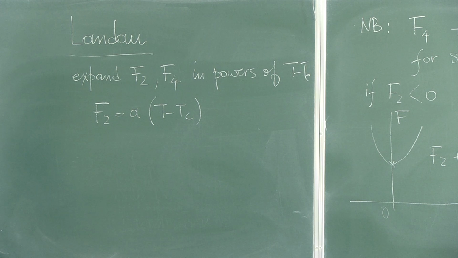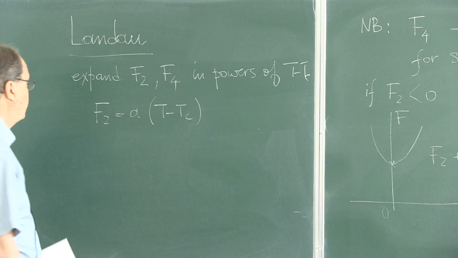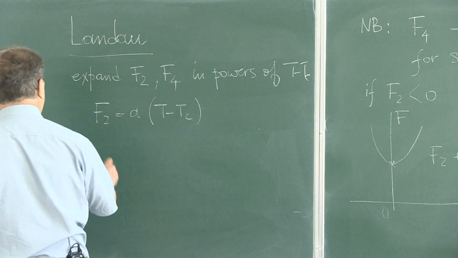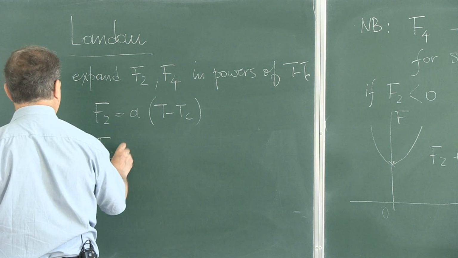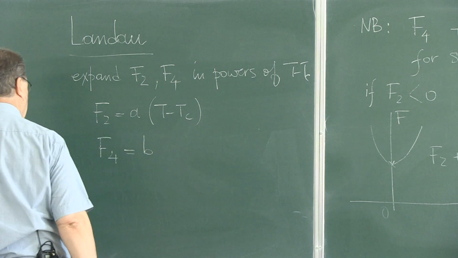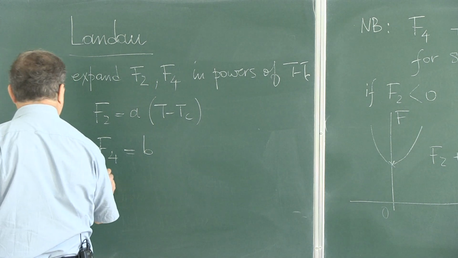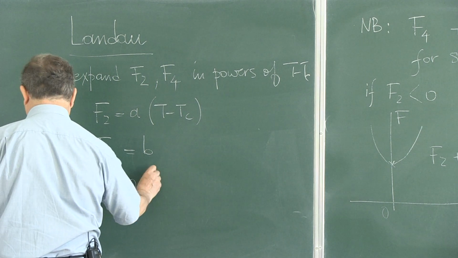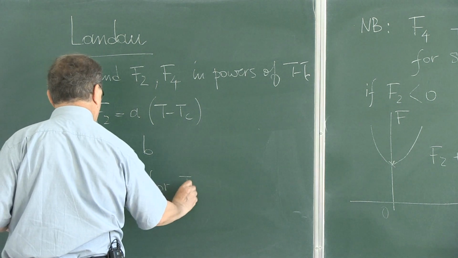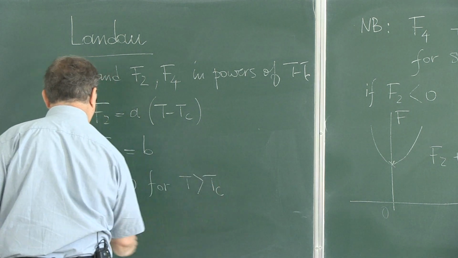When T is smaller than Tc, it is negative. So as temperature goes through the critical temperature, F2 changes sign. F4 can be taken as a constant, B, so that phi is 0 for T greater than Tc.